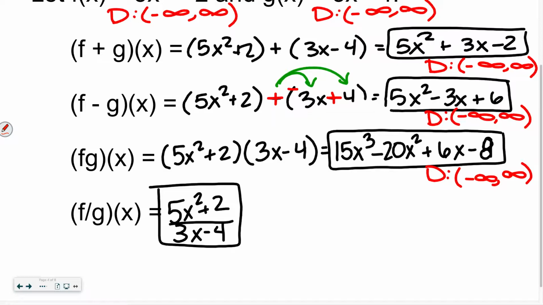Okay. So you're focused where? You have to come up with a domain. Well, 0 I actually could plug into this one because then I will get negative 1/2, which is an answer.